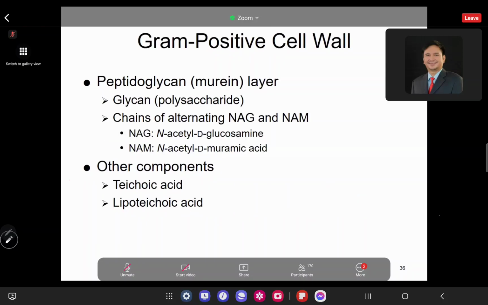mentioned earlier. The gram-positive cell wall is characterized by a peptidoglycan layer or your murein layer. It's a thick layer composed of glycan or polysaccharide chains. These chains consist of alternating NAG or N-acetyl-D-glucosamine and your NAM, N-acetyl-D-muramic acid units, forming a strong, rigid structure.